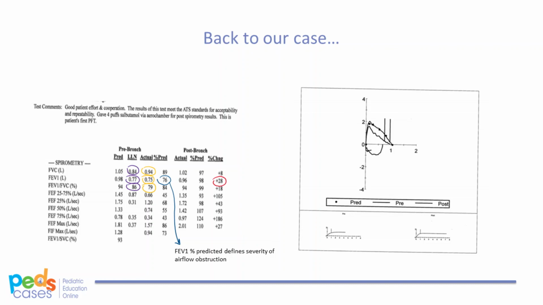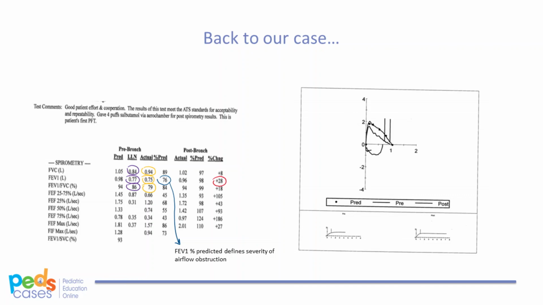Great job, everyone. So the take-home points to remember today are: Number 1, spirometry is a helpful tool in children 6 years of age and older to better understand pulmonary physiology. Number 2, as our case illustrates, spirometry combined with symptoms is an important part of making a diagnosis of asthma.